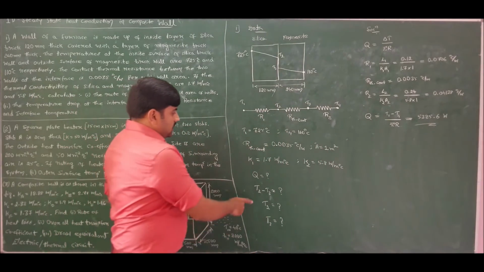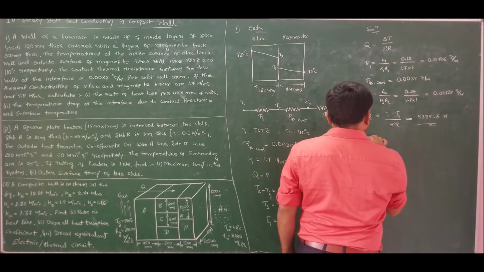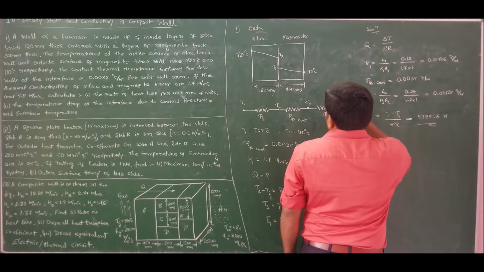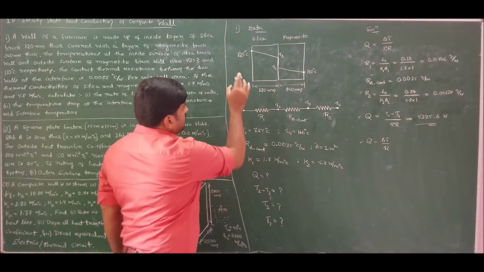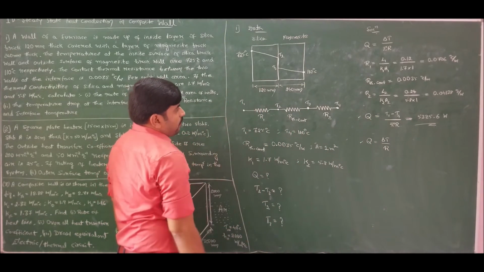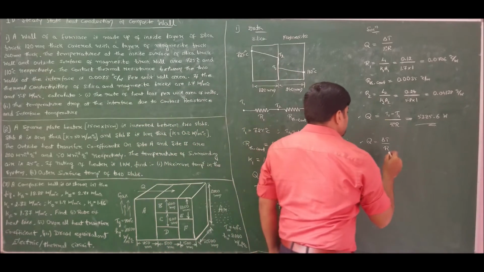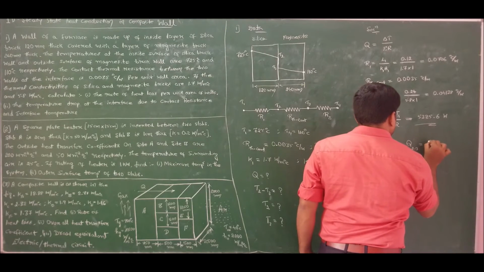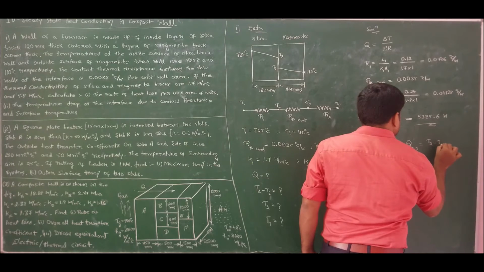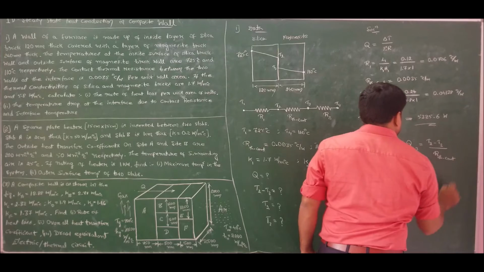Now he is asking the temperature drop due to thermal contact resistance. This you people already know. The rate of heat transfer Q can also be written as delta T by resistance between the sections, or between any two sections, or between the point of interest. So I take between 2 and 3. If I write it between 2 and 3, then Q2 to 3 is equal to T2 minus T3 by R thermal contact resistance.